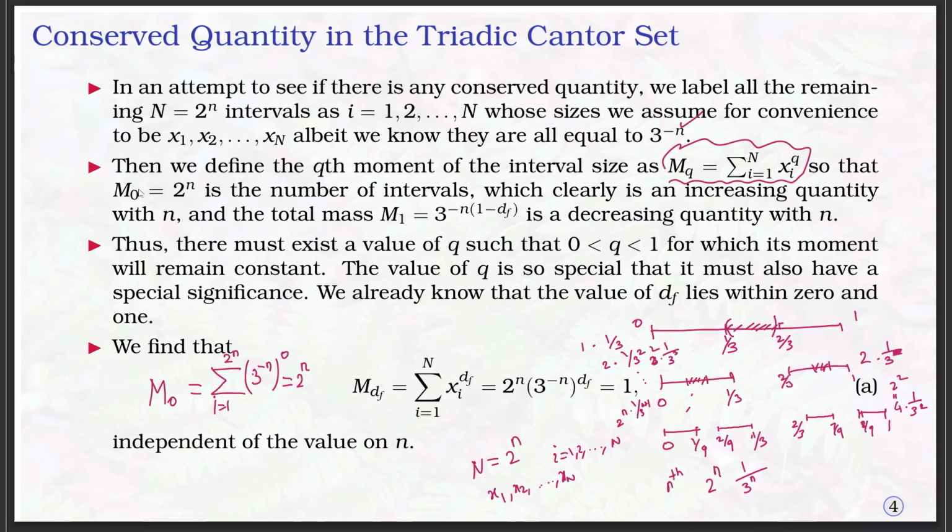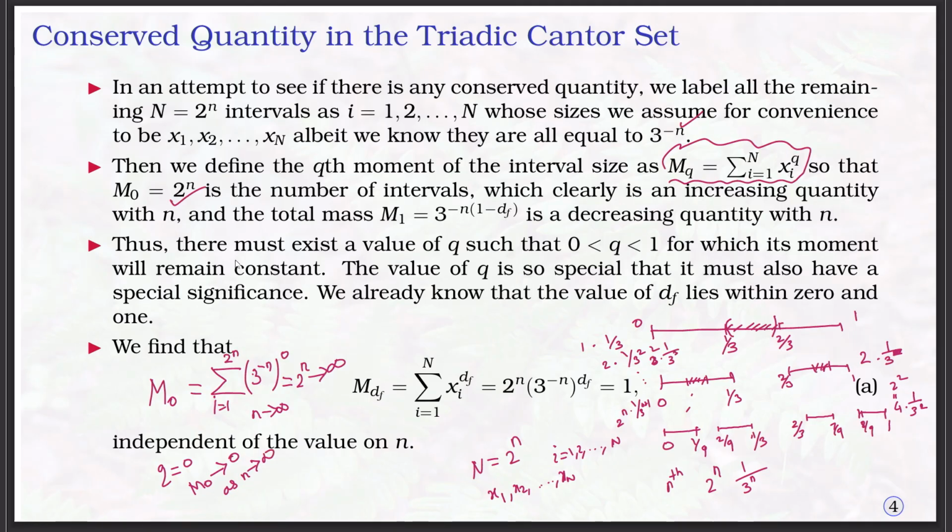So the zeroth moment is 2 power n, the number of intervals, which clearly is an increasing quantity with n. Whenever n tends to infinity, that means the iteration tends to infinity, this 2 power n converges to infinity. You can note that we are taking q as 0, then this m0 tends to infinity as n tends to infinity.